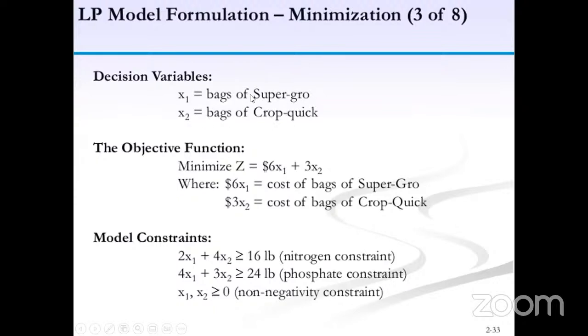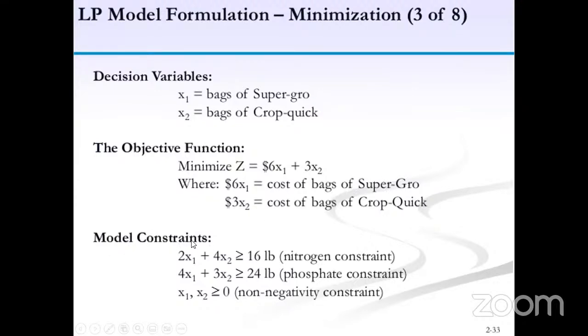So x1 is the number of bags of Super Grow, x2 is the number of bags of Crop Quick, where the objective function is minimize Z equals 6x1 plus 3x2, because we are spending an amount of 6 rupees for x1, 3 rupees for x2. So 6x1 is the cost of a bag of Super Grow and 3x2 the cost of Crop Quick.